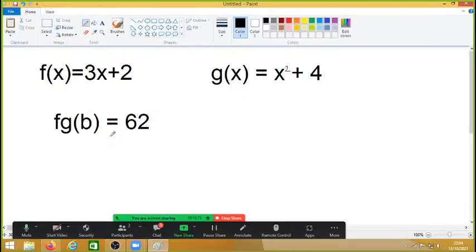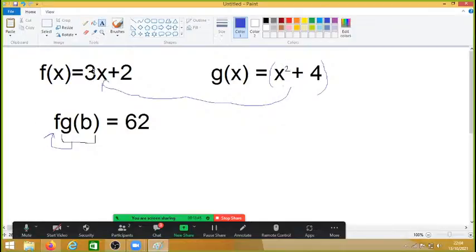So we start by reading it backwards. We're saying that we're putting in b, we're taking the function g and we're putting it into f. We've done this already and it won't take long, so let's do that.